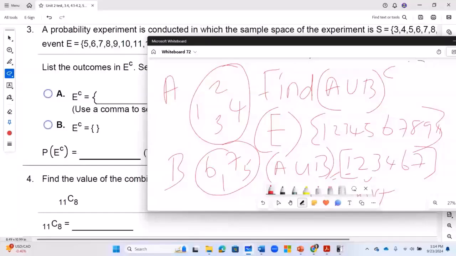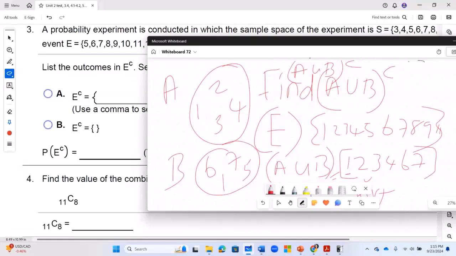Now, if I am told to find the complement of A union B, it will be everything that is not in A union B but is in the universal set.